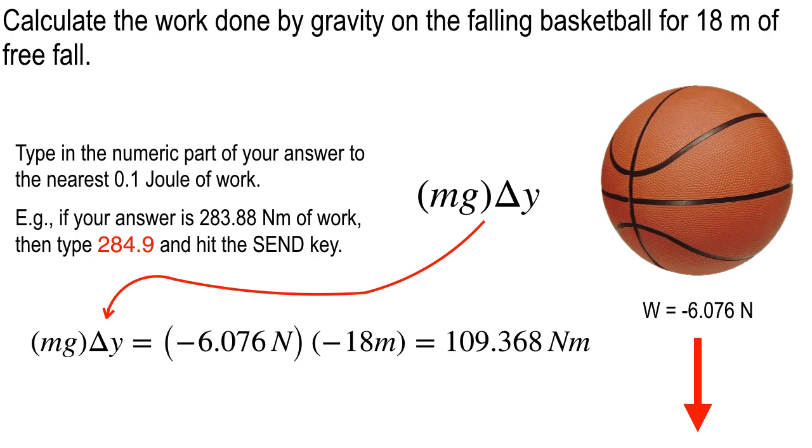And then the drop is a negative delta y, so it's dropping, so negative 18 meters. And those two multiply out to 109.368, which in this problem is correct, 109.4 to the nearest tenth.